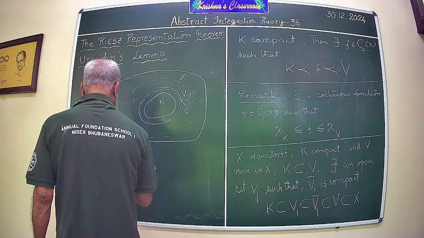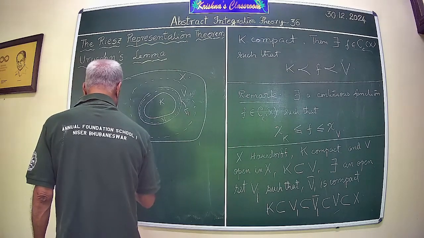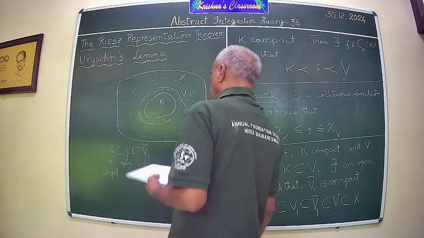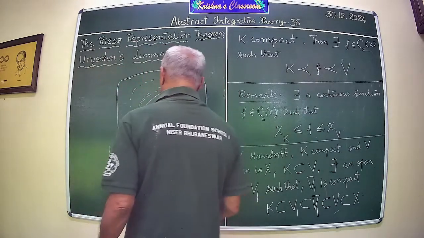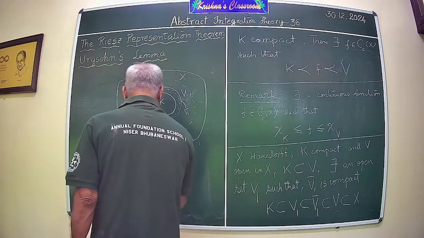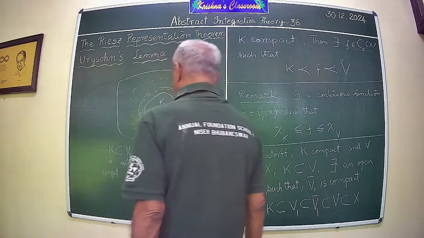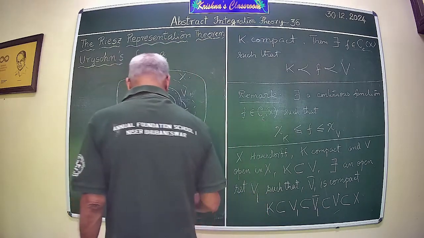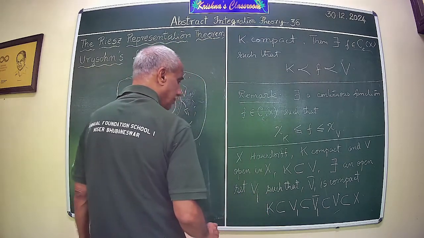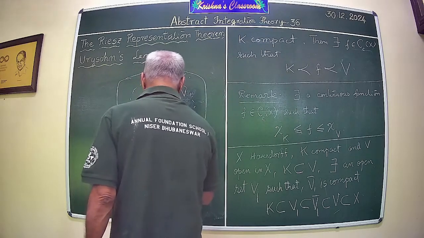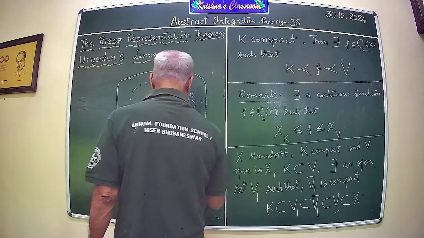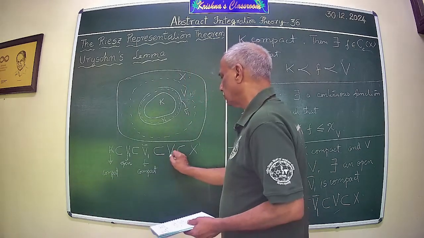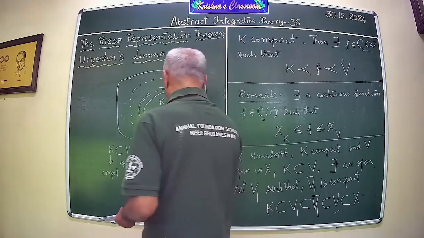This is open, and V1 closure is contained in V, the given open set, and this is again open.